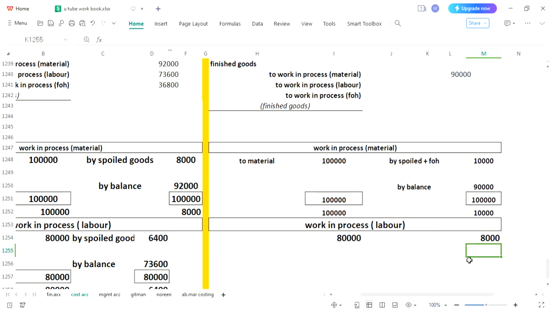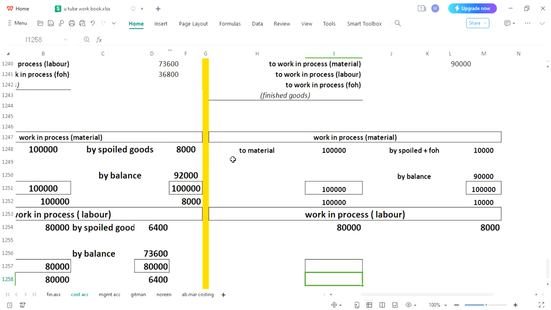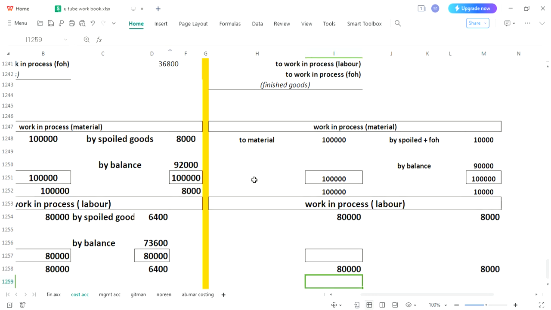Then you need to calculate the sum of both sides. Sum of debit side would be equal to 80,000, as there is only one amount present over here, and sum of credit side would be equal to 8,000, only amount present over here. Then you will choose the larger sum.